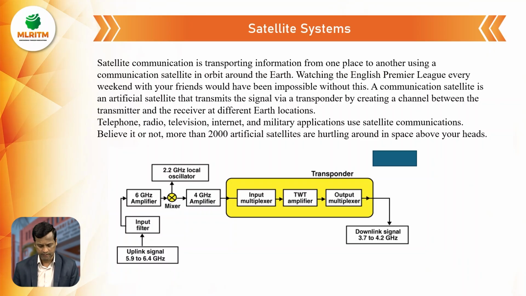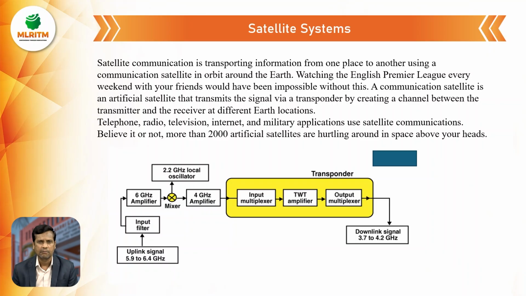Watching the English Premier League every weekend with your friends would have been impossible without this. A communication satellite is an artificial satellite that transmits the signal via a transponder by creating a channel between the transmitter and the receiver. In this satellite system, the transponder is there.